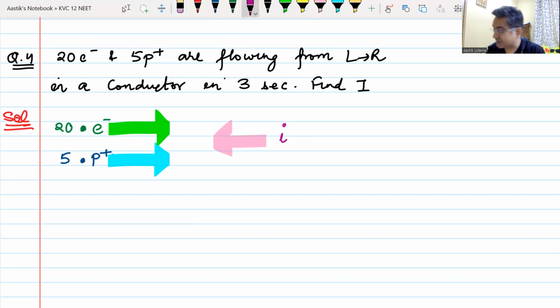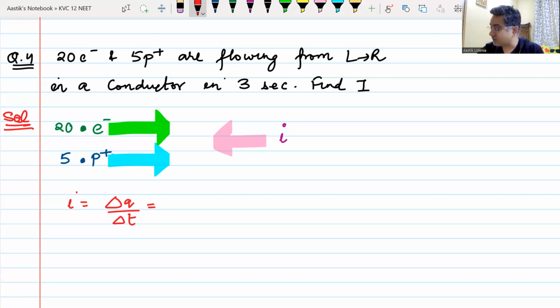How much will be the current? Total charge divided by total time. How much is the total charge flowing? 20 plus 5, 25, or something else? Now remember, 20 electrons are flowing and 5 protons are flowing, so basically 5 protons will have to be cancelled.